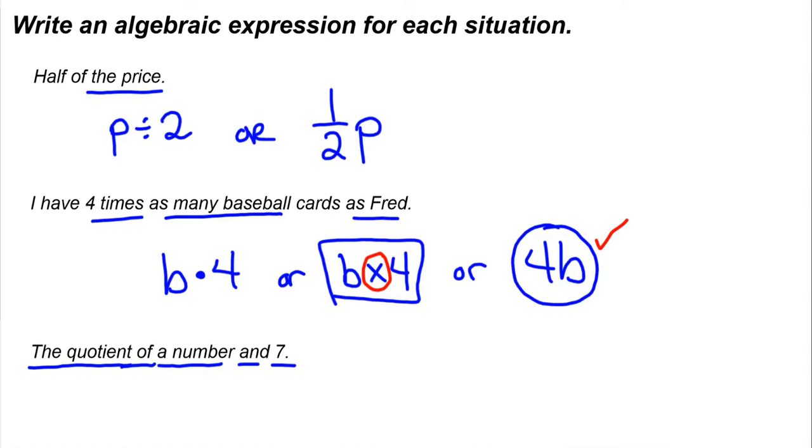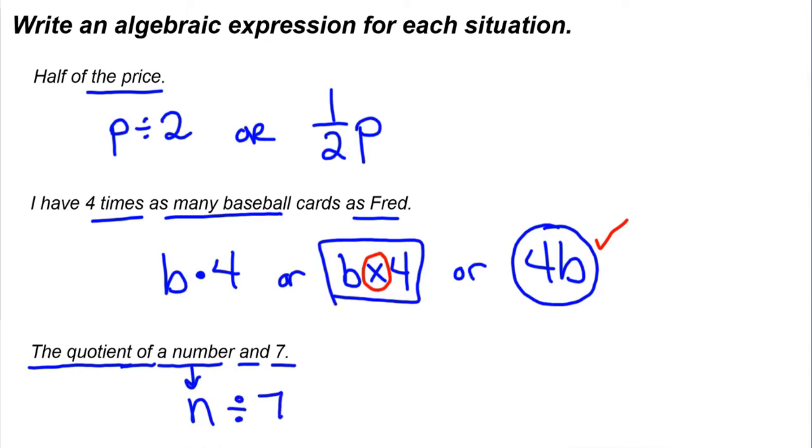Now, we don't know what that number is, and a lot of students are tempted to just make up a number and then write some random number and divide it by 7, but that's not what this is saying. The number is unknown, so we have to use a variable to represent that unknown number, and we're going to use, creatively, n. A number and 7. We're finding the quotient of a number and 7, so we're dividing a number and 7.